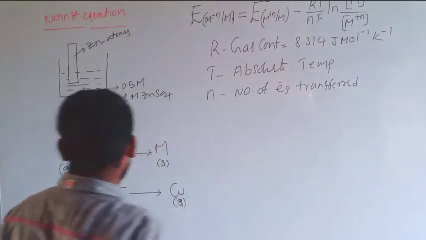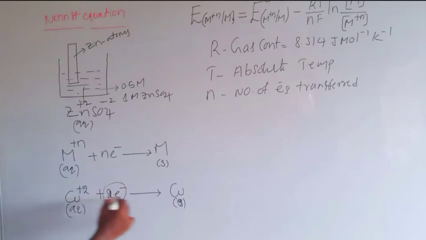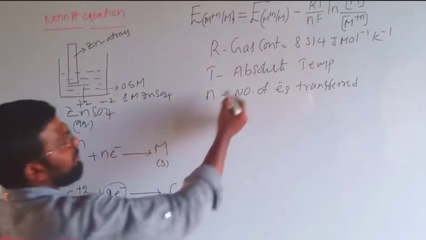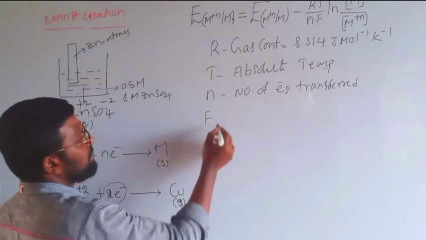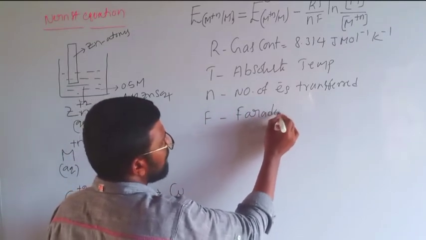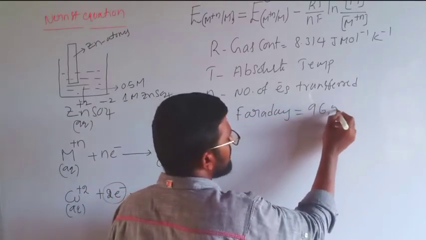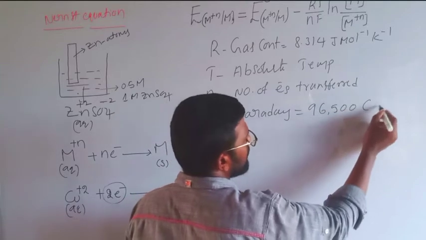Just to understand this, see this example. Here how many electrons are getting transferred? 2 electrons. Thus for this type of reaction, the n value becomes 2. And finally F is Faraday. Its value is approximately 96,500 coulombs per mole.